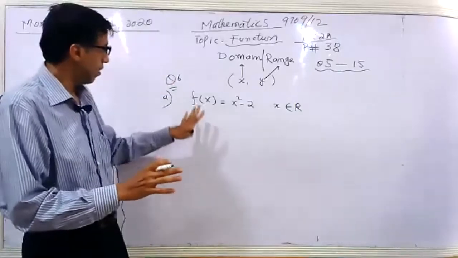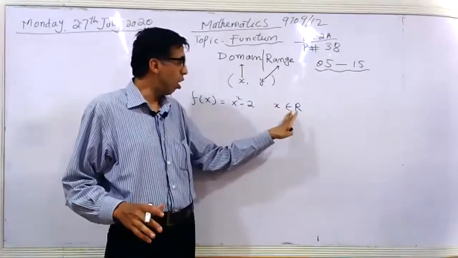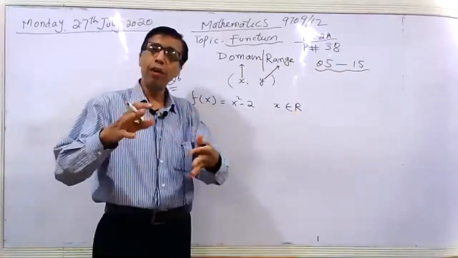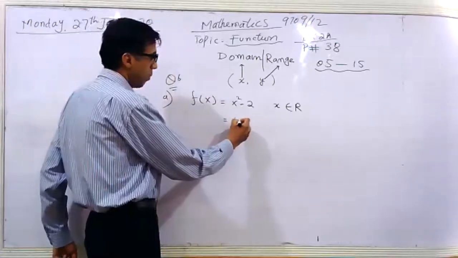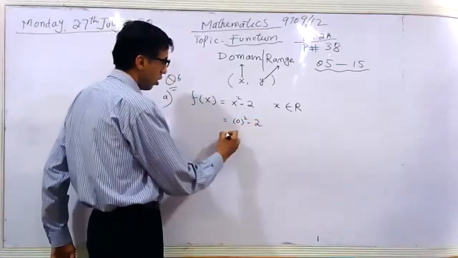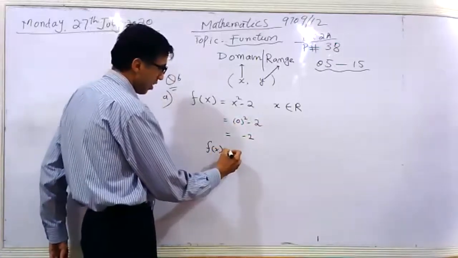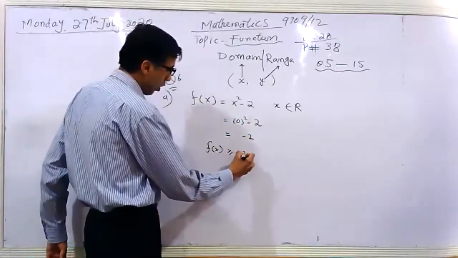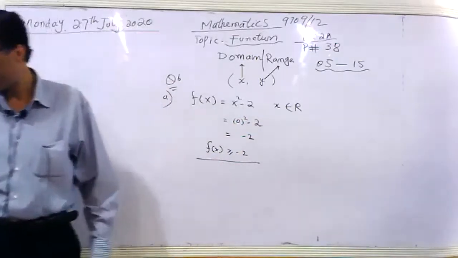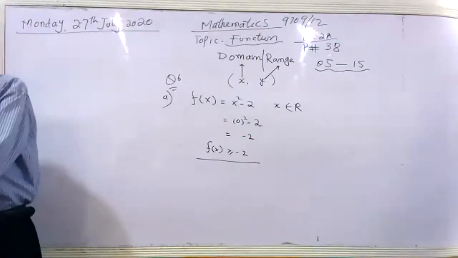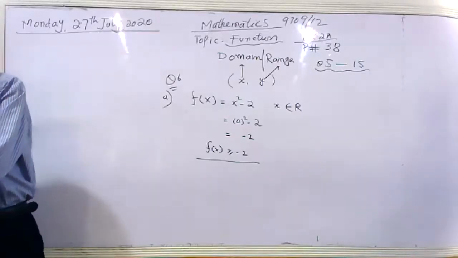But in this case, the equation given is x square minus 2, and x belongs to the real numbers. Real number means any number we can take. So keep x as 0, it gives minus 2. The f of x is greater than or equal to minus 2. We may keep any number, right? Now comes the b part.